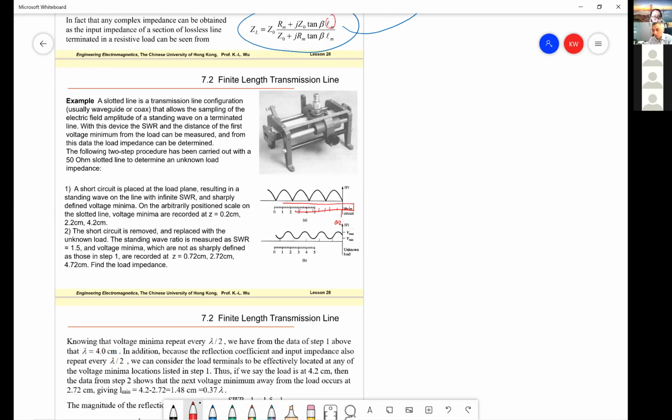This is 0.2. So that means we have a voltage point that equals 0.